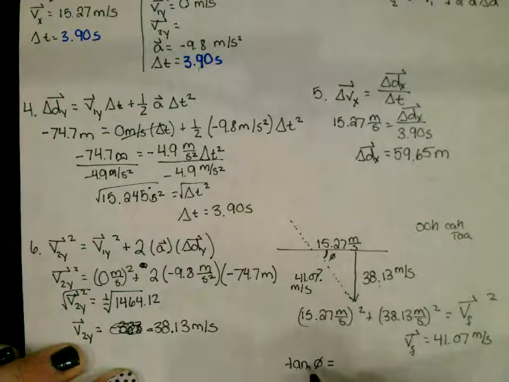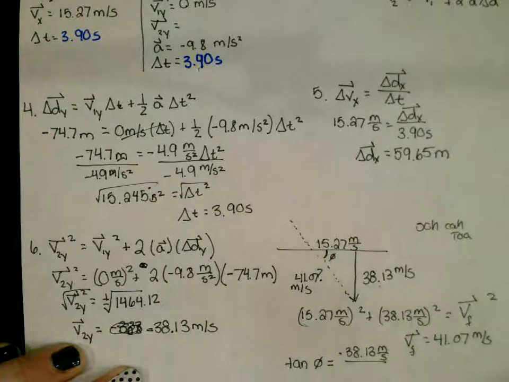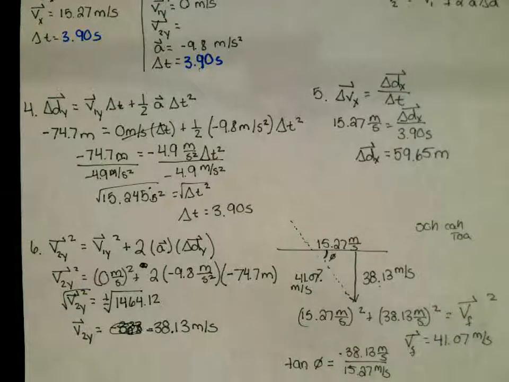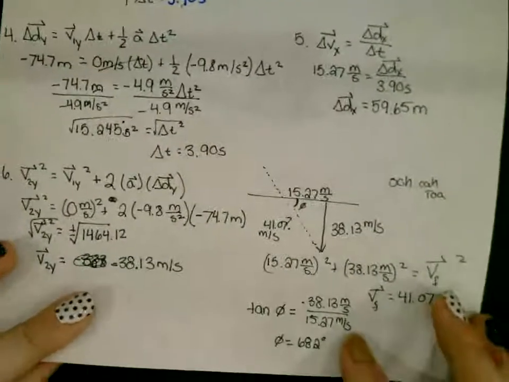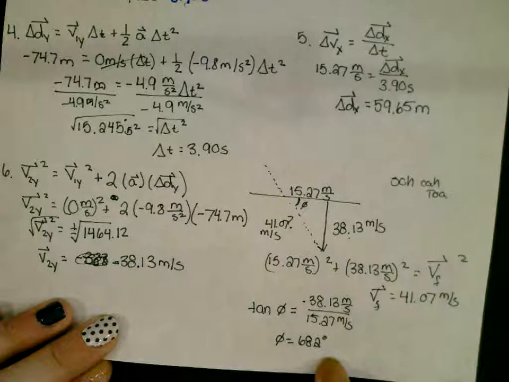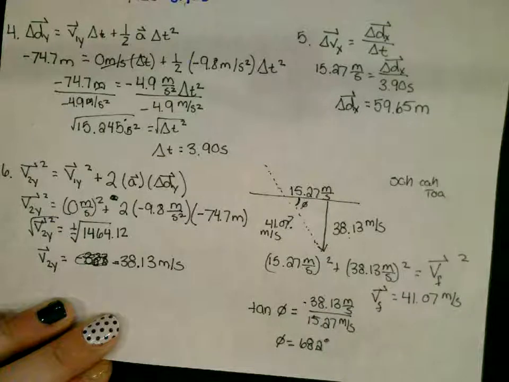I'm so sorry. All right, so my tangent of theta is equal to negative 38.13 meters per second over 15.27 meters per second. Theta is going to be 68.2 degrees. So when I add those two together, my total final velocity is 41.07 meters per second, 68.2 degrees below the hill. So all I have left to do is to write my therefore statement for this problem.